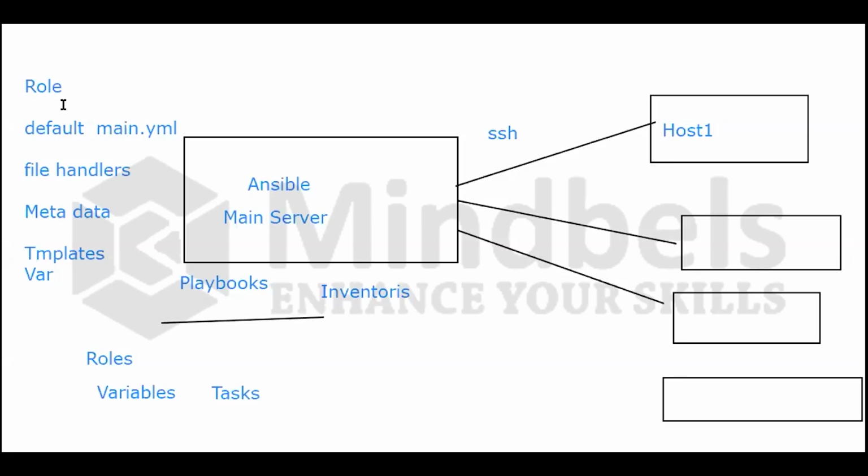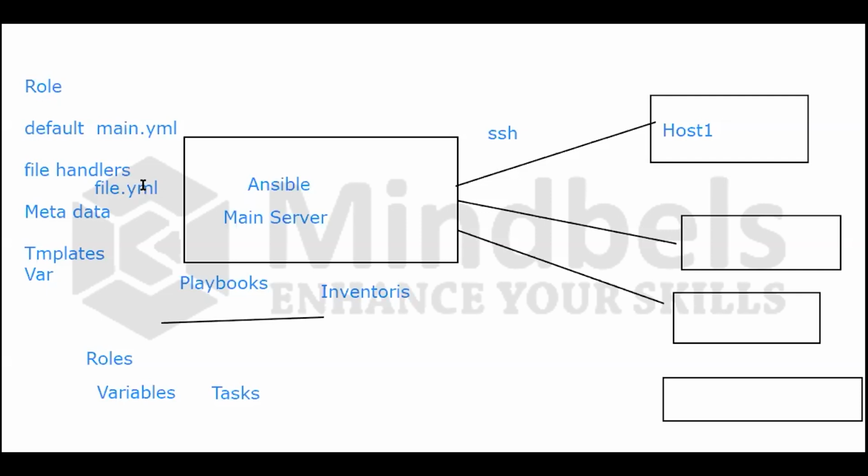The default is whatever is defined in main, and that file will go. With the file handlers, I have created one file.yaml. So when we say file handler role, I connect this file.yaml. In this file handlers, how the files will be handled, the commands for this will be in file.yaml.